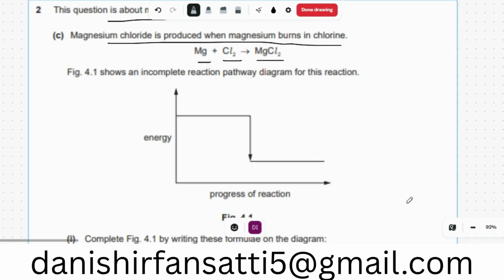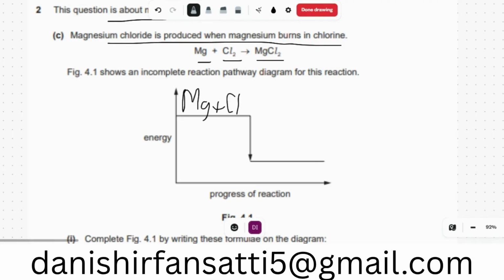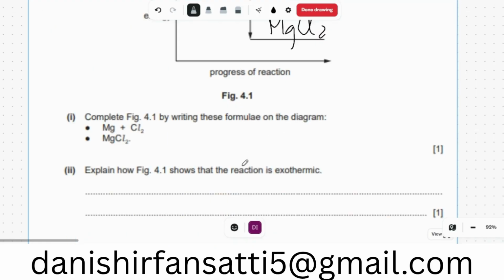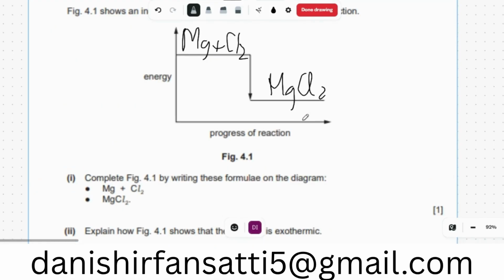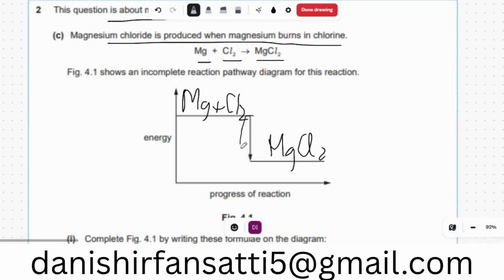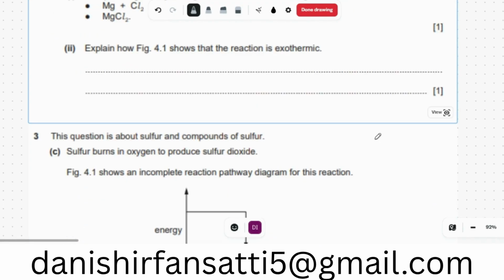Here we have the reactants, Mg plus Cl2, and here we have the product, MgCl2. Explain how the diagram shows that the reaction is exothermic. Again, same concept: this energy has been removed from these molecules, so it will be released out into the environment. Energy is given out, so that is an exothermic reaction.